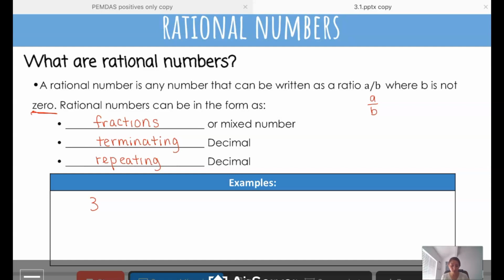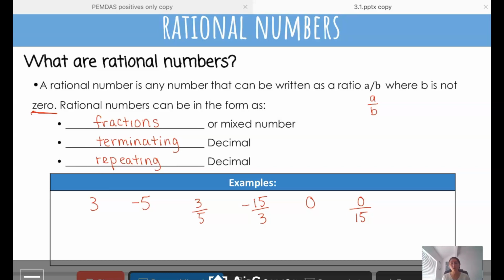So whole numbers count, negative whole numbers count, any type of fraction, both positive and negative, count. 0 counts, 0 over a number counts, right? You just can't have 0 in the denominator because we cannot divide by 0. We get an undefined solution. All right, so all of these things are counting as rational numbers.